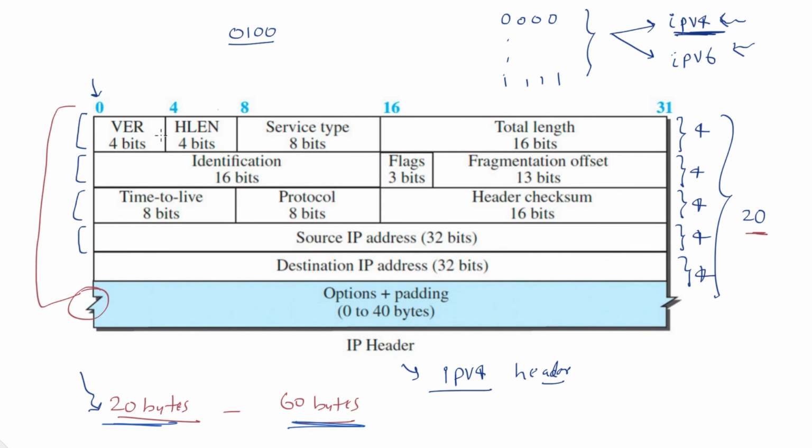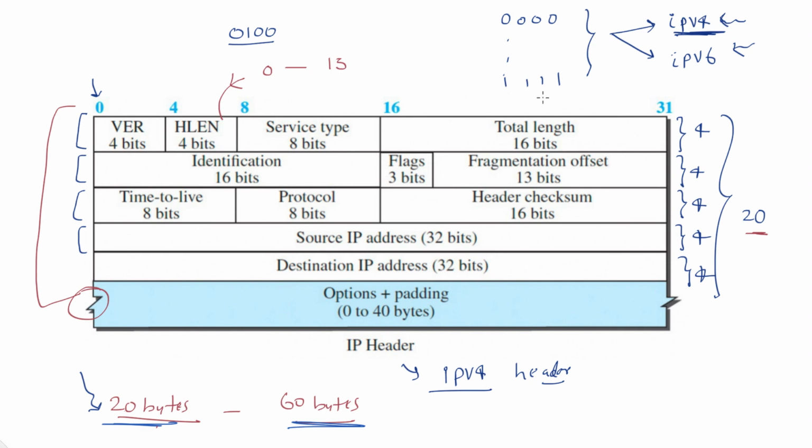Now another field is header length. As you can see, the header length can go from 20 bytes to 60 bytes, right? And this is having 4 bits only, which means I can represent from 0 to 15 over here only, since this is having only 4 bits, which means it can range till 4 ones, which is 15.